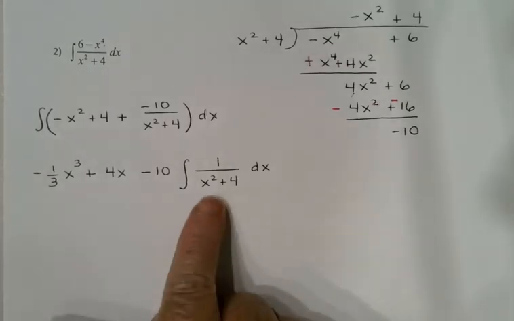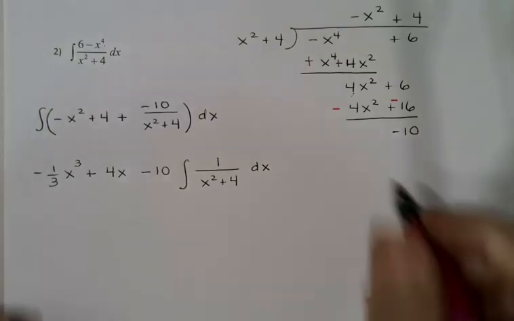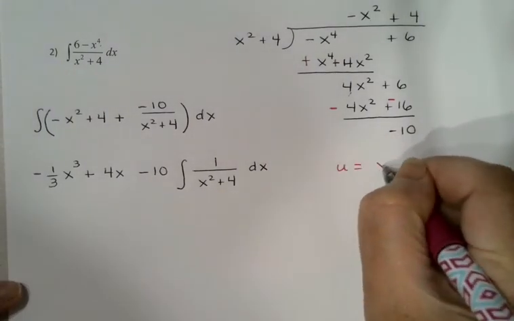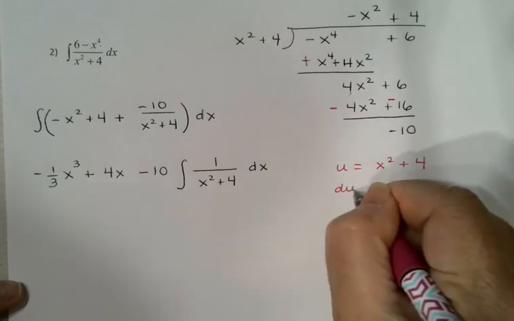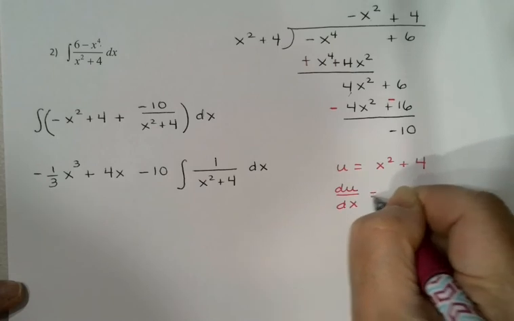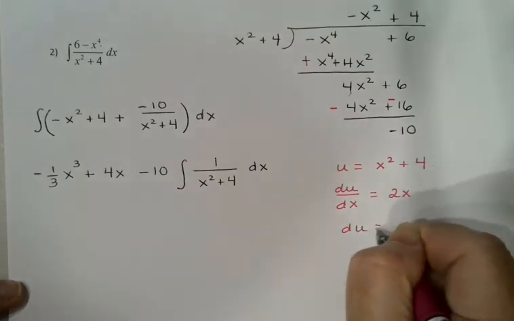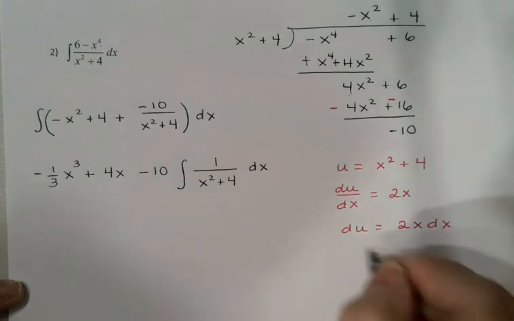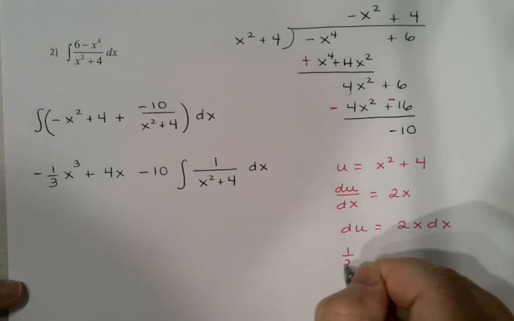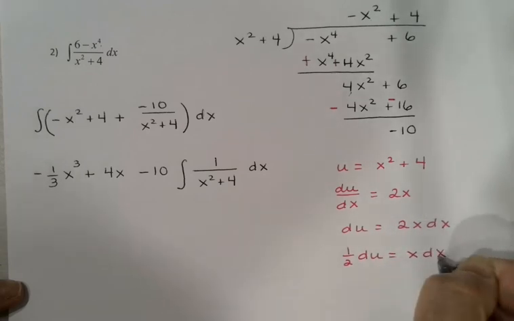All right, let's go ahead and try our usual little trick here, letting u be the denominator. So du dx would be 2x. Du is 2x dx. And 1/2 du is equal to x dx.